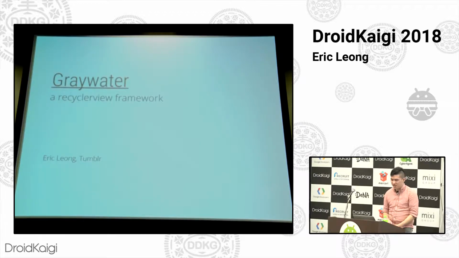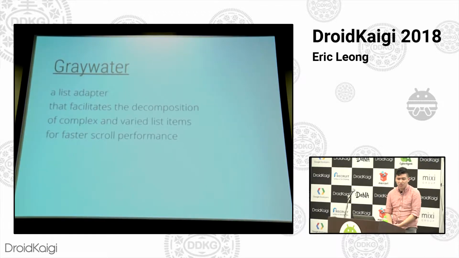Let's get started on what is Graywater, why am I giving a talk on it, why did we even write this thing? Graywater is a list adapter that facilitates the decomposition of complex and varied list items for faster scroll performance. What does that mean?